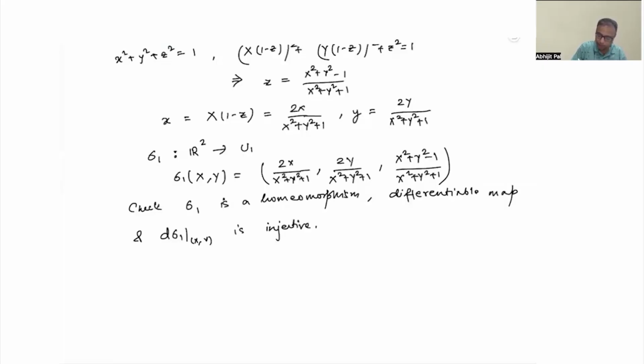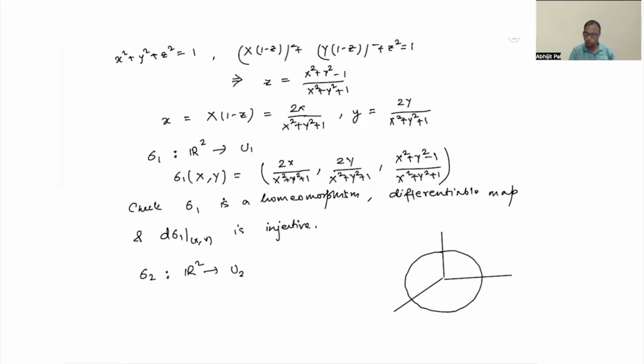And similarly, if I define sigma 2 from R2 to U2, how you'll get this thing? So let me draw again this sphere. Earlier we have taken stereographic projection from the North Pole, and now we are taking the stereographic projection from the South Pole.